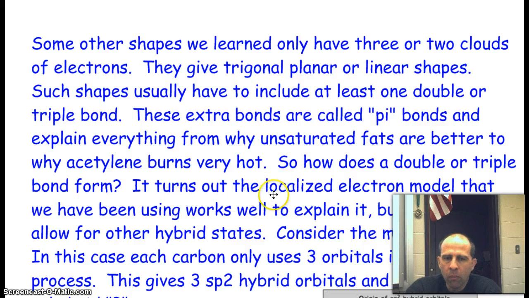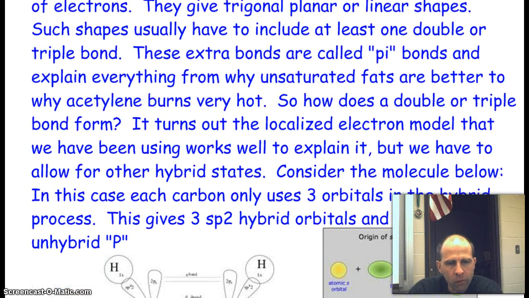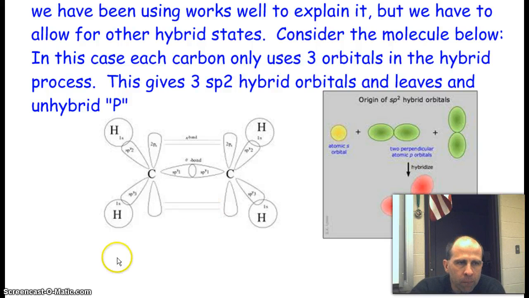The localized electron model with hybrid orbitals works pretty well, but we've got to allow for several possibilities. So consider the molecule here that I'll drag up onto the screen. In each case here, the carbon is only using 3 of its orbitals to hybridize.